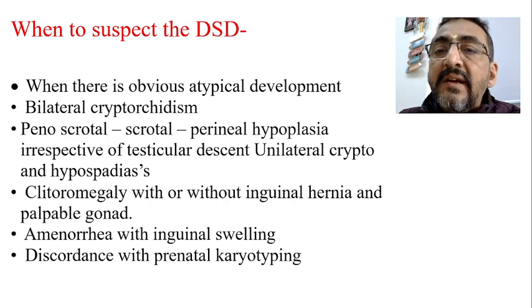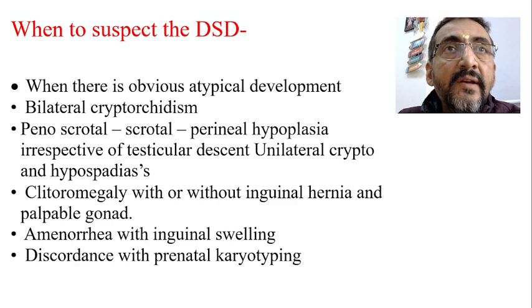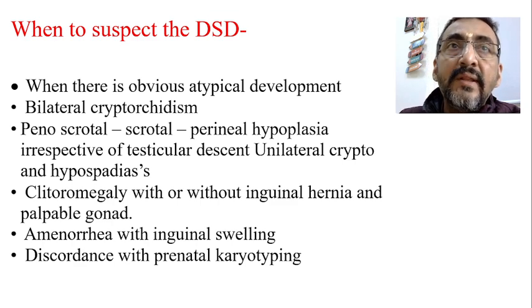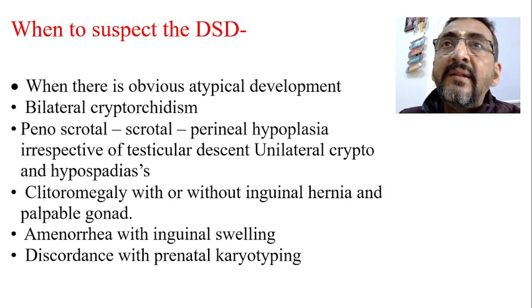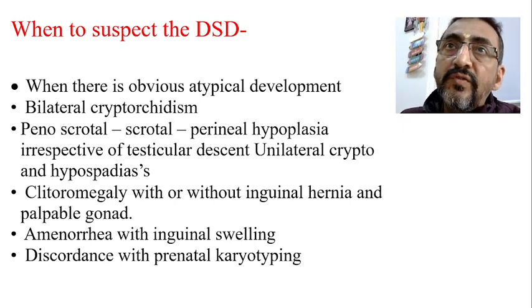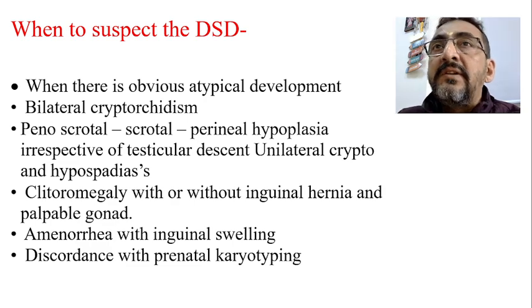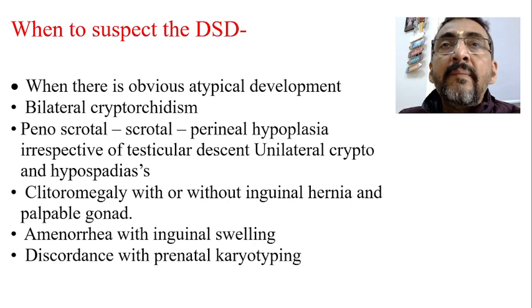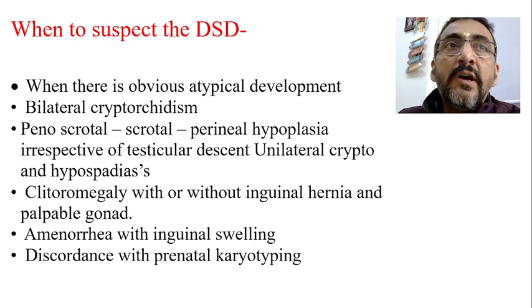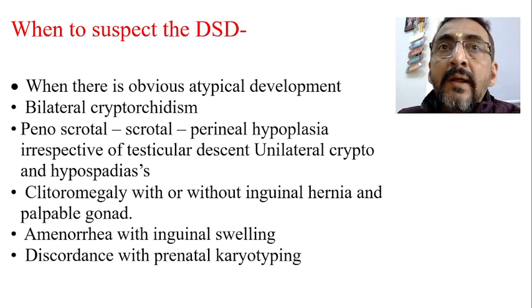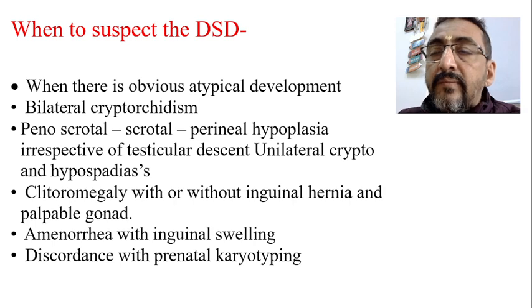Number two is bilateral cryptorchidism. That means the testis is not descended, on both sides. That is also considered atypical development. We know that if the testis is not descended into the scrotal sac, there are two important hormones responsible, like testosterone, which we have already studied.